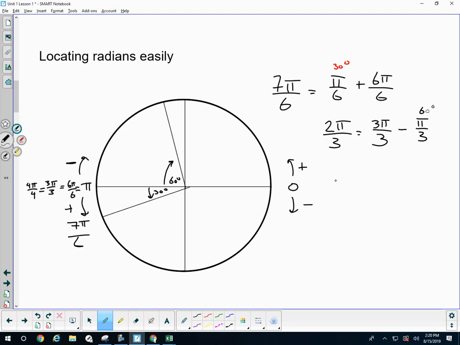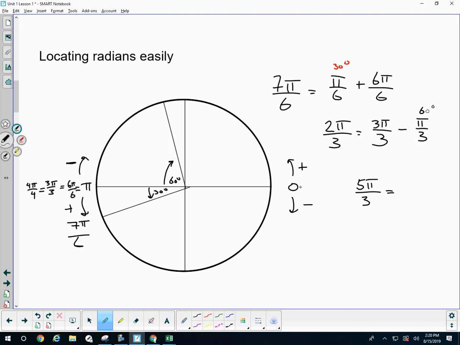Okay, tricky ones that people have difficulty with are 5 pi over 3 and 4 pi over 3. Here's what I would do. I'd actually not go to pi. I'm going to go all the way around my circle to 2 pi, which is 6 pi over 3.